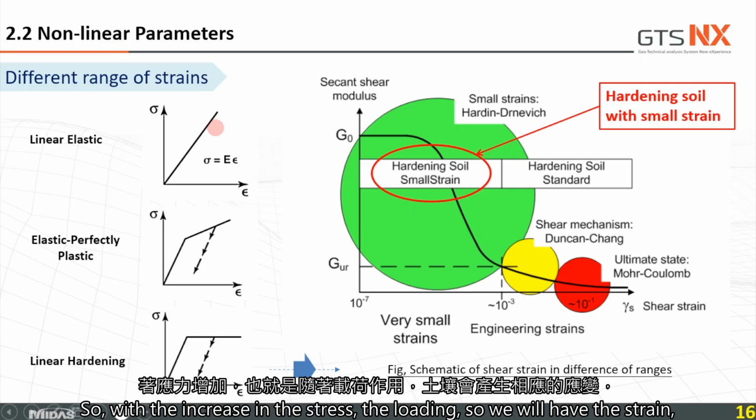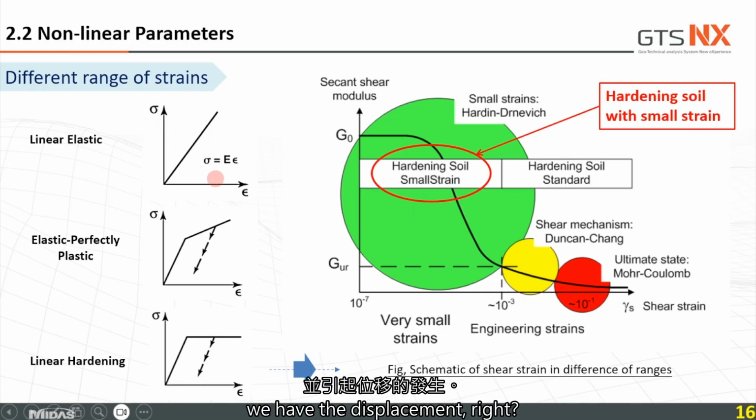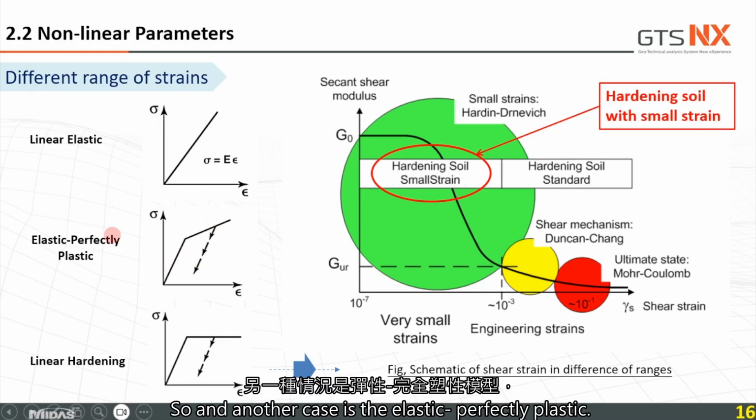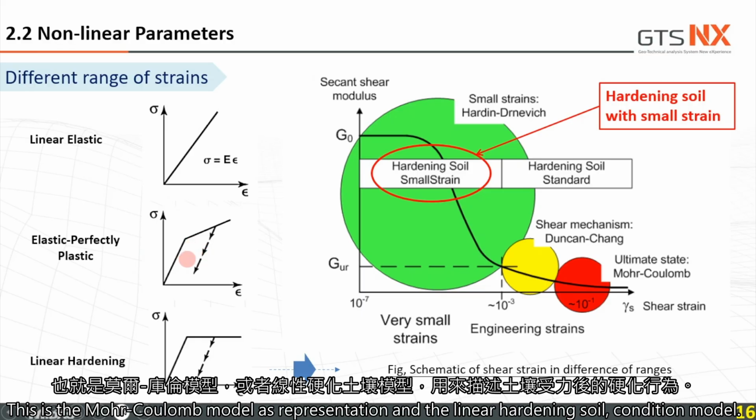So with the increasing stress, the loading, we will have the strain, we have the displacement, right? And another case is the elastic perfectly plastic, this is the Mohr-Coulomb model representation, and the linear hardening soil model.